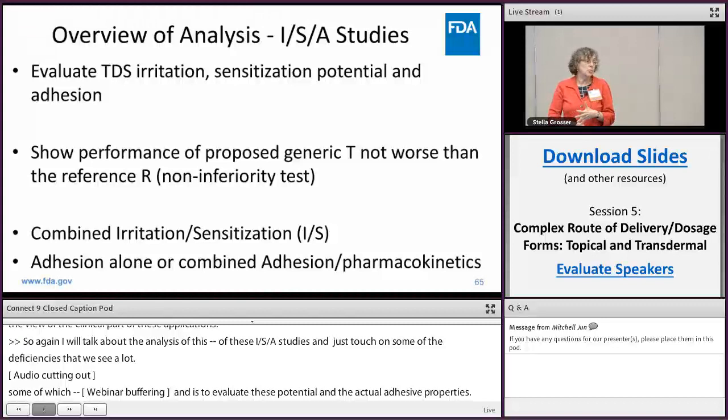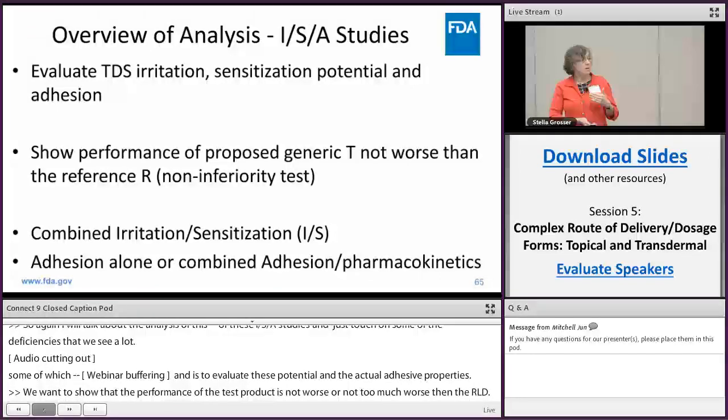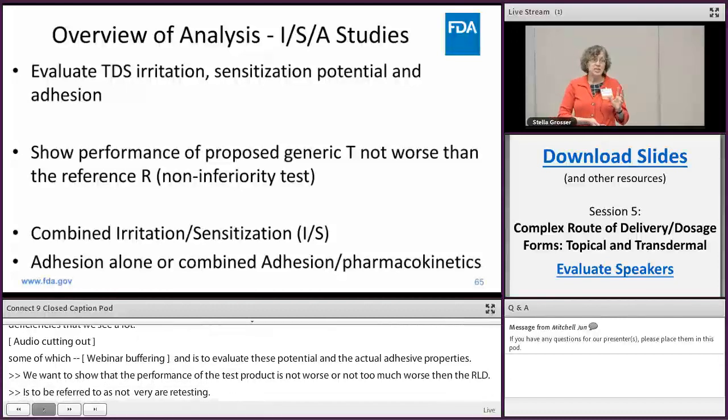This we refer to as non-inferiority testing. We're not looking for superiority as we are in new drugs, where it has to be better. We're not demonstrating efficacy at this point. We have a reference listed drug that holds on and doesn't irritate, and we don't want to introduce something that will be considerably worse.